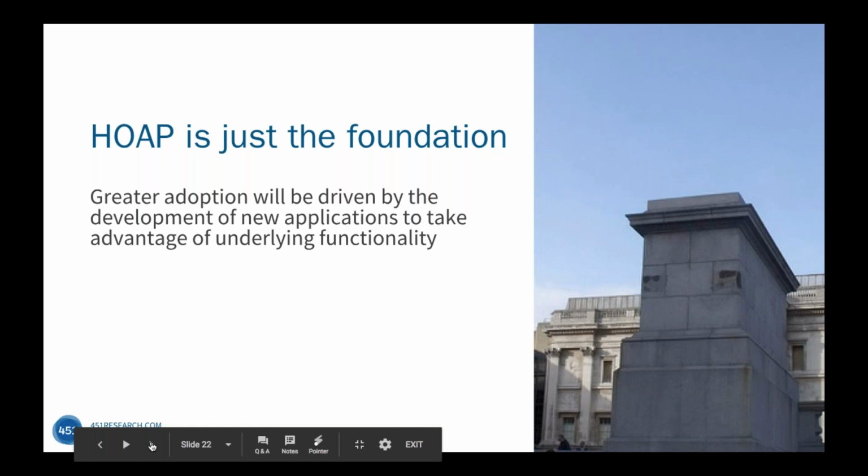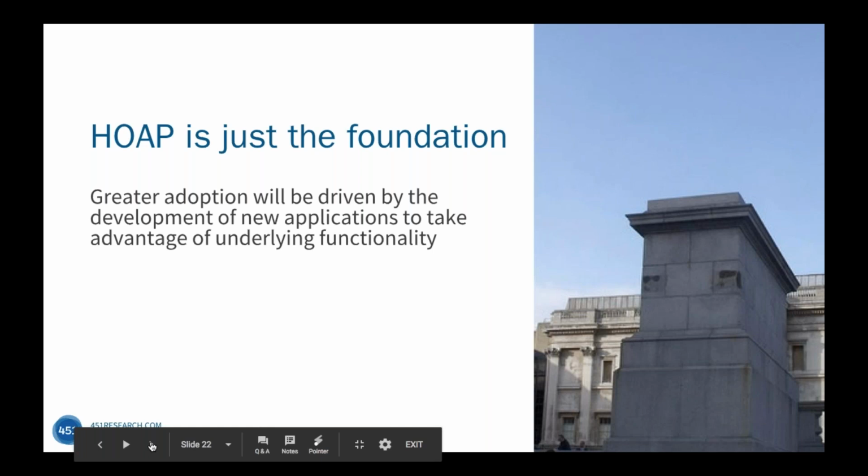And as anyone who's been to Trafalgar Square will know, there's lots of statues, but where there should be a statue, instead there's this empty plinth, which has been there for well over 100 years. I think originally it was designed to have a statue of somebody on it. For whatever reason, it never got built, and we've never amongst us figured out what we should put on there instead. Maybe in a couple of years we'll have a bit of a national debate about it.